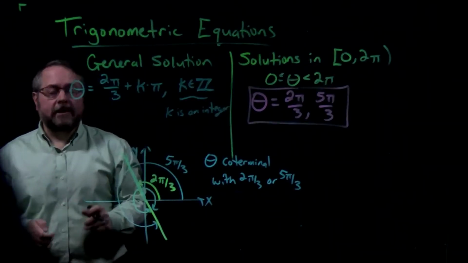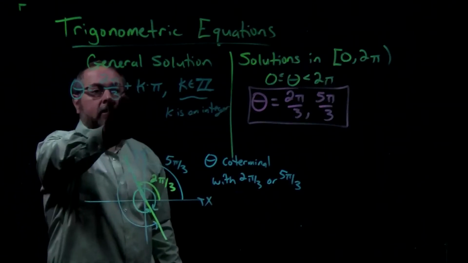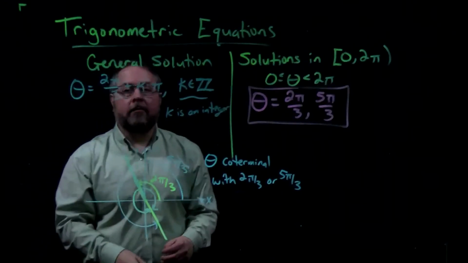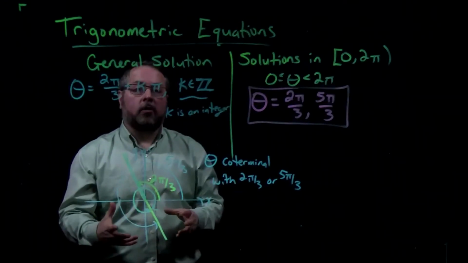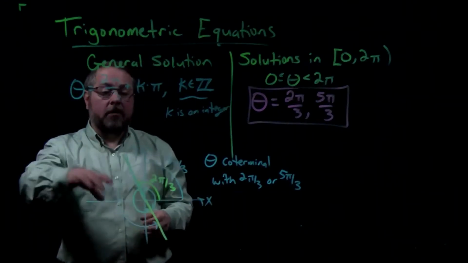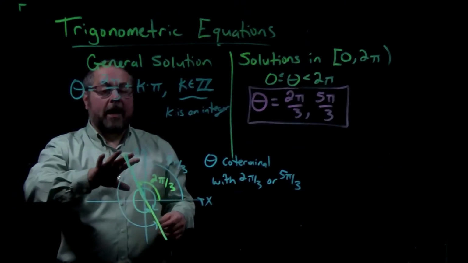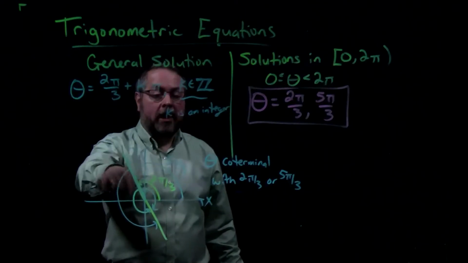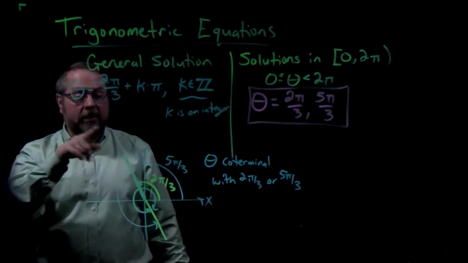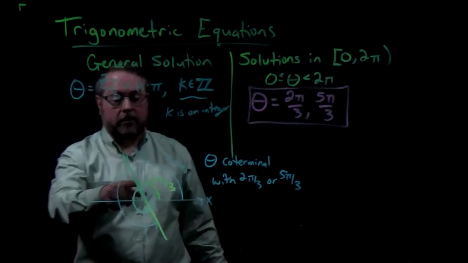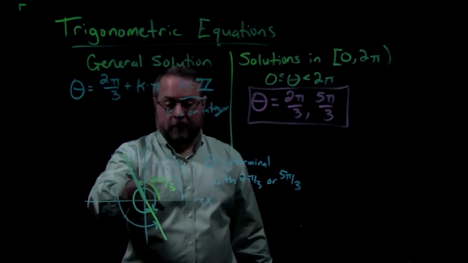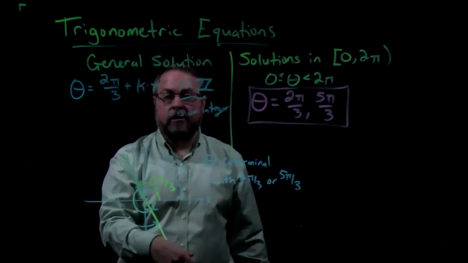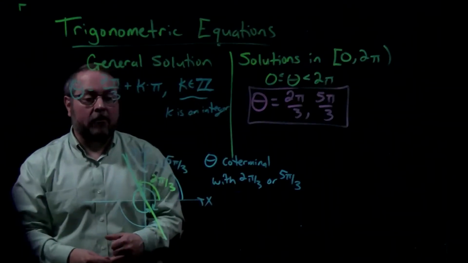Okay, so what this means is that if you put in any integer value for k, we're going to have something that looks like 2 pi over 3 plus an integer multiple of pi, which is going to be some number of half turns. And we can get all the solutions to this equation by starting at 2 pi over 3 and taking continually many half turns. 1, 2, 3, 4, 5, etc. half turns counterclockwise, and 1, 2, 3, 4, 5, etc. half turns clockwise.